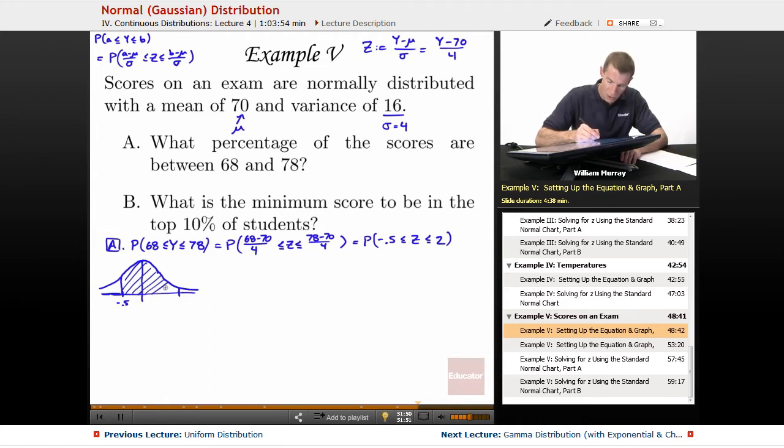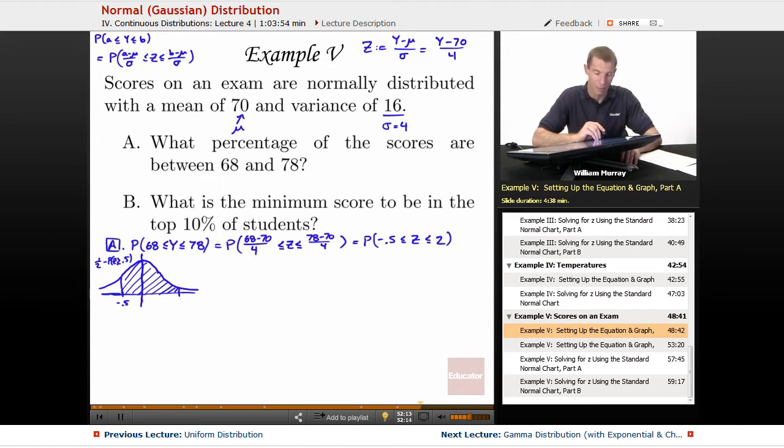And as usual, I think I'm going to split that up into 2 areas. And the left-hand area is, well, the total area would be 1/2 minus the tail area, which is the probability that z is bigger than 0.5.